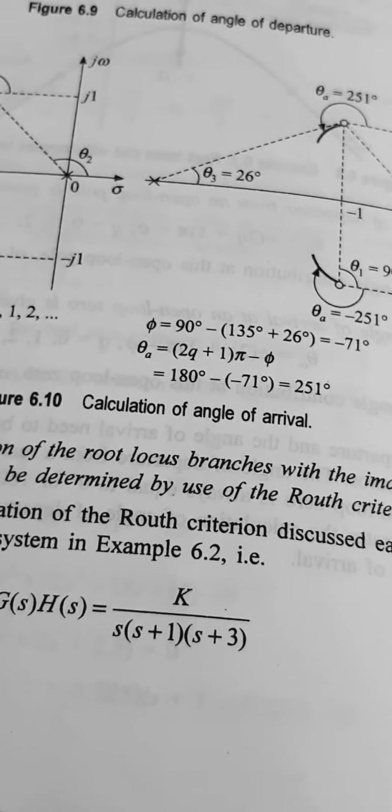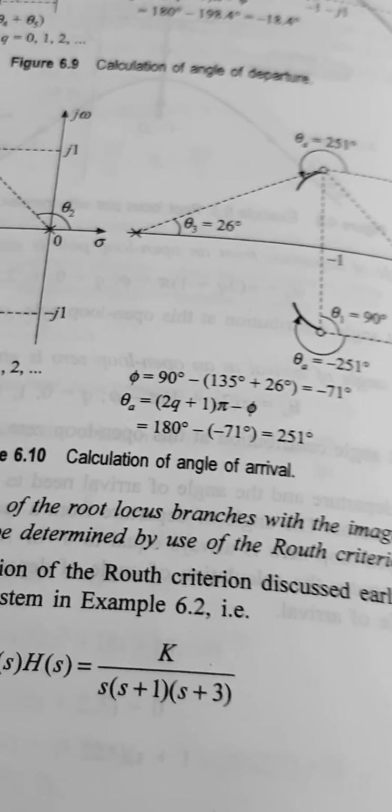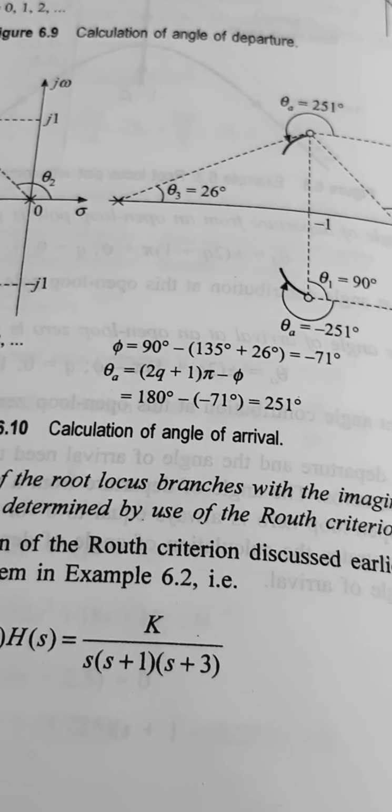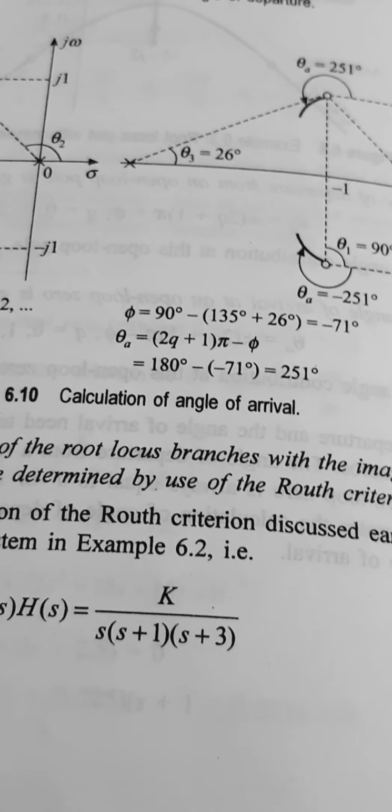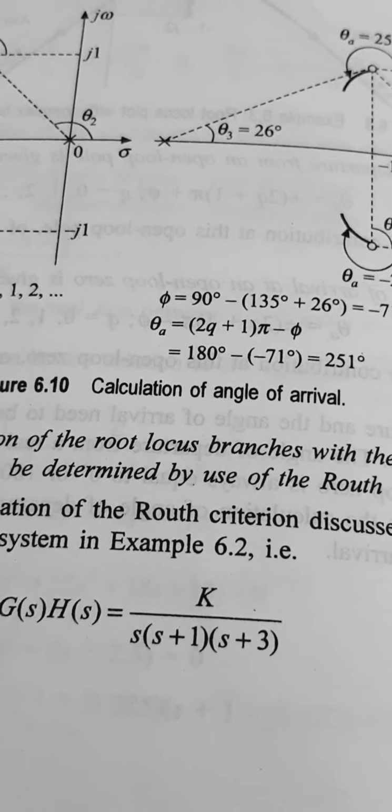This we already studied. You know that if there are poles on the imaginary axis, then the difficulty arises, normally the difficulty 2 arises.